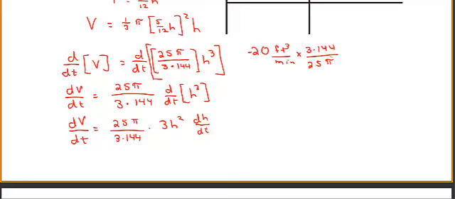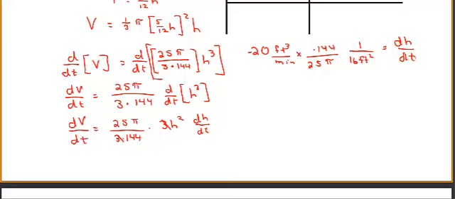Oh, I guess the 3's could have canceled here, so I can forget about this 3. The 144 over 25 times pi. And then h was 16 feet, so I'll have h squared in the denominator, which would be 16 feet squared in the denominator, is equal to dh/dt.